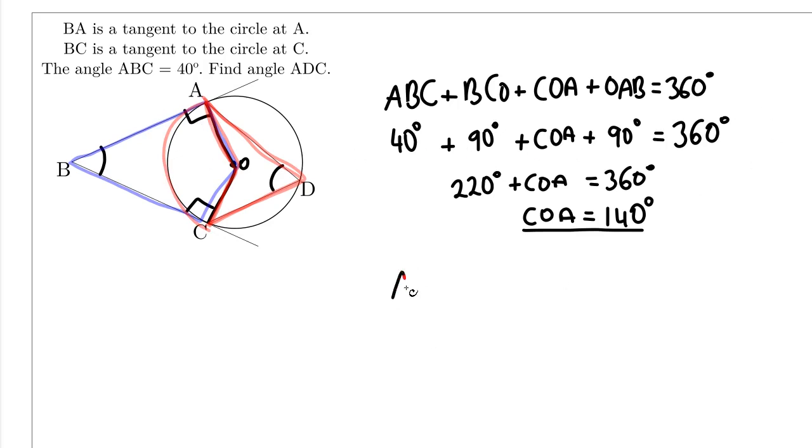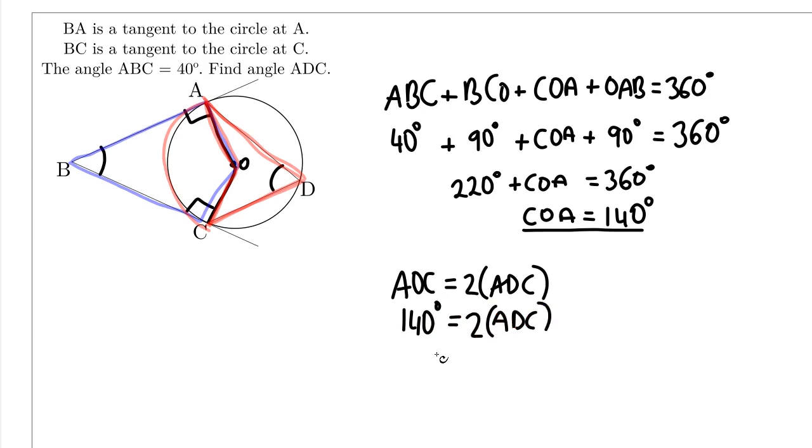So, angle AOC is equal to 2 of ADC. We know that AOC or COA, the same angle, is equal to 140. That's equal to 2 of ADC. Divide both sides of the equation by 2, and we end up with ADC being equal to 70 degrees.